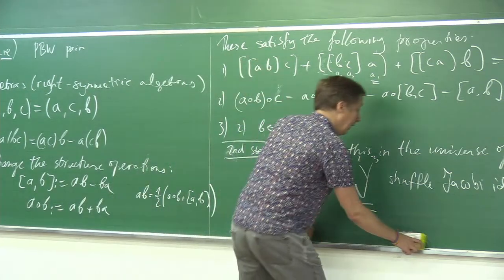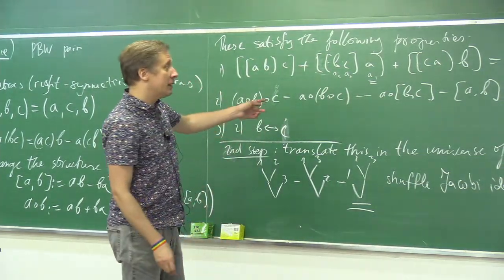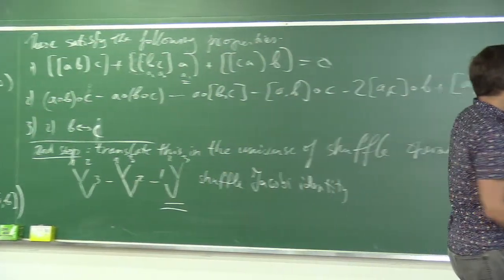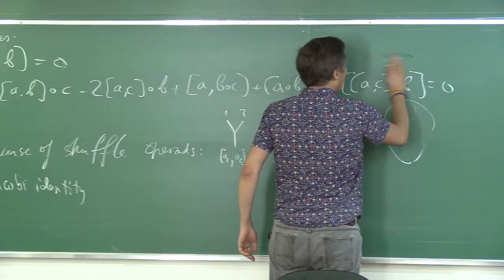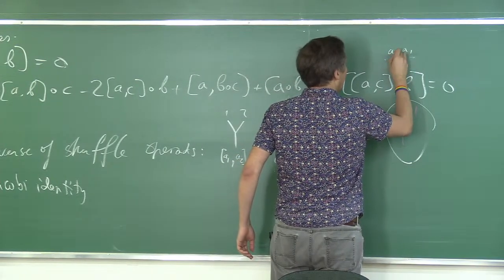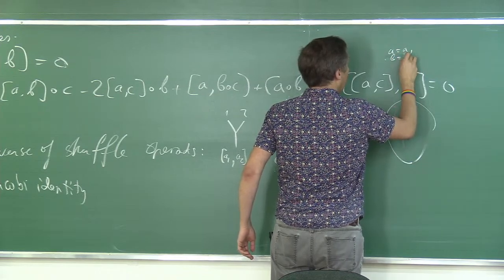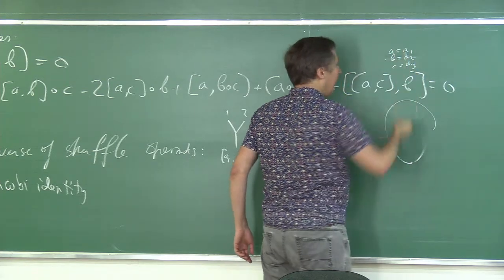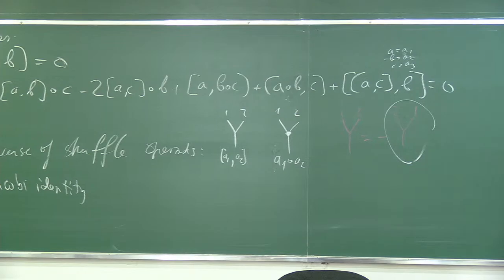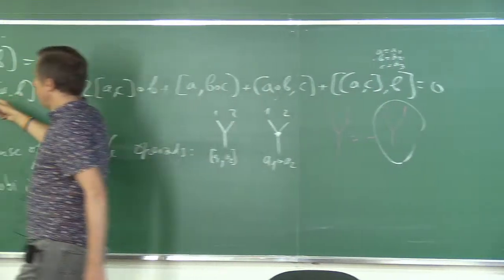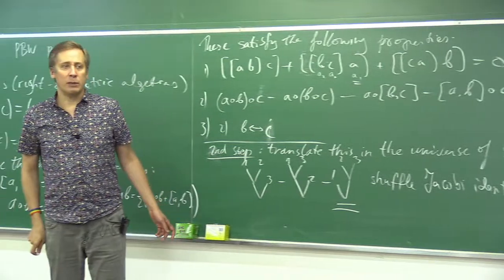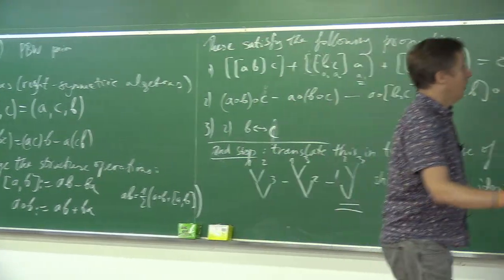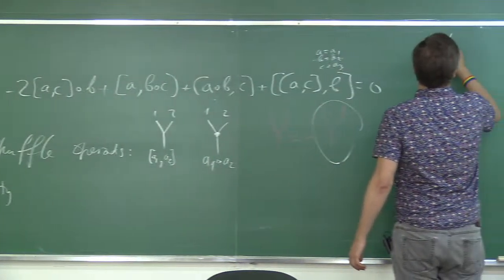So let's do this. I actually did some preliminary work when I wrote this. If A is A1, B is A2, and C is A3, so if they are just labeled by integers 1, 2, and 3 in that order, all these monomials, all these multilinear operations, already correspond to shuffle trees. So let me redraw this.